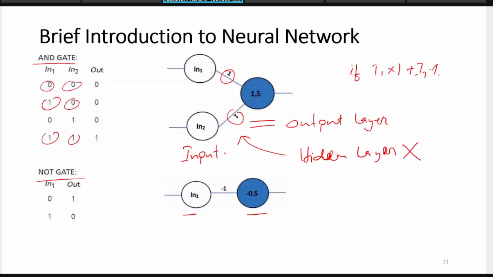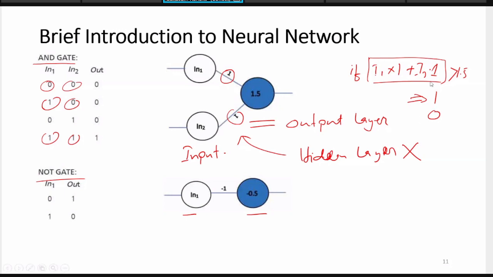This is the perceptron part. If this value is greater than 1.5, then you are producing 1, else you are producing 0. This is the meaning of this diagram.